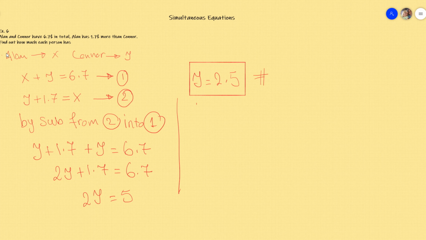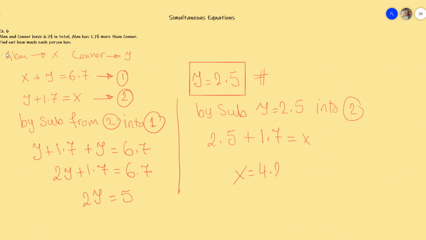And by substituting y equal 2.5, that means what Connor has, into 2, we will have 2.5 plus 1.7 is equal x, so x will be $4.2.